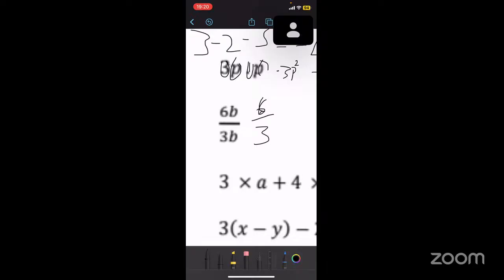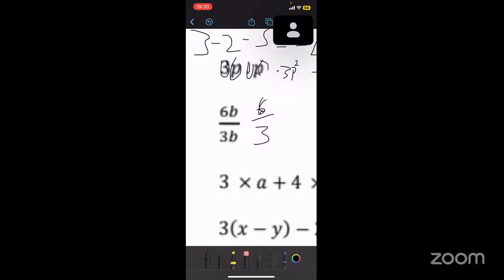There's no plus, there's no minus between the whole thing. It's just 6b, okay? So that means there's an invisible multiplication like that dot, okay? That led it to be a 6b, all right? So we're just going to divide the numbers together and the letters together.